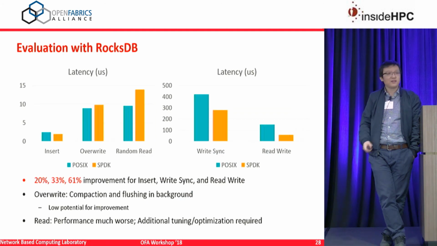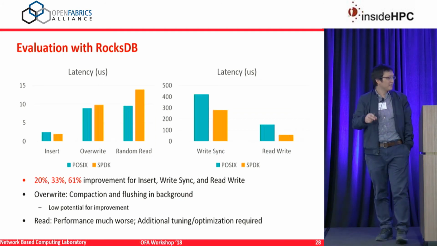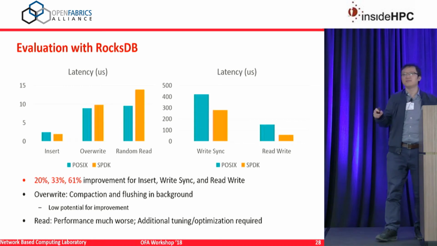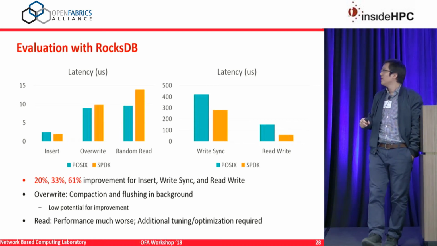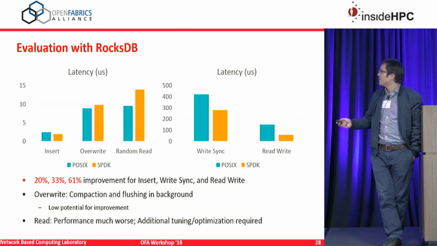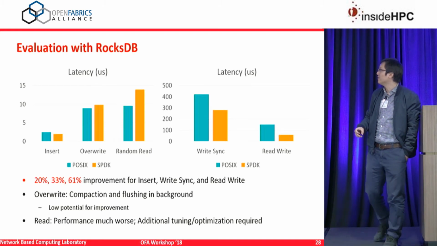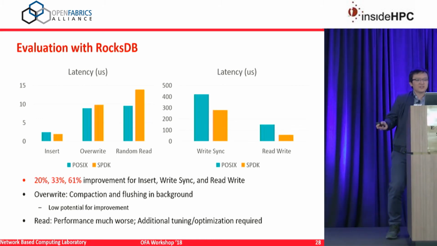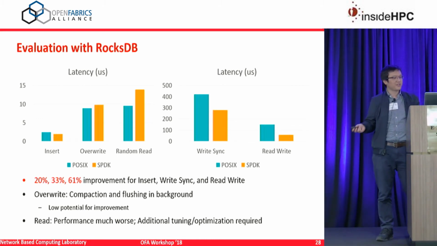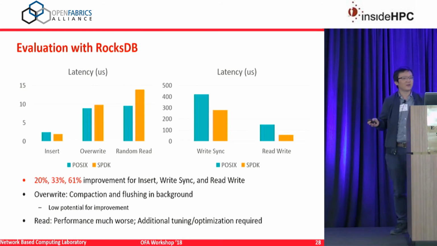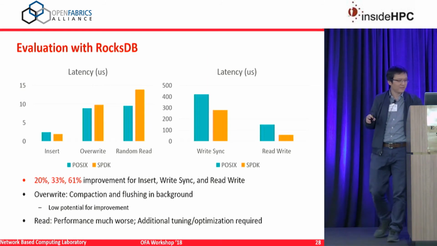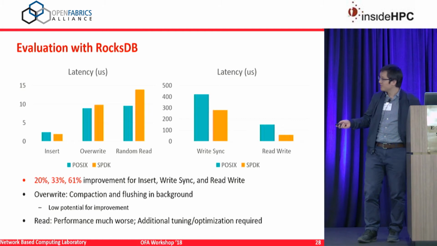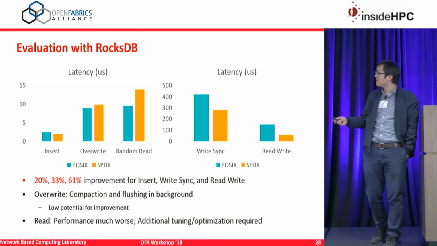Today the Intel SPDK speaker mentioned that RocksDB already supports NVMe. So we evaluated with it in our local environment. We tested insert, write sync, and read write benchmarks, and we see 20, 33, and 61% improvement.